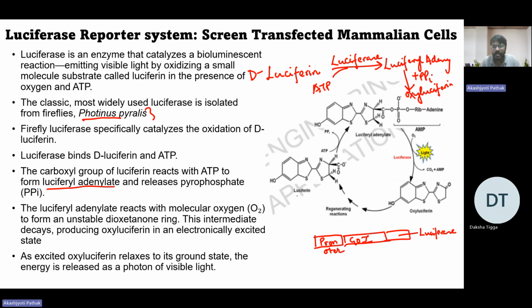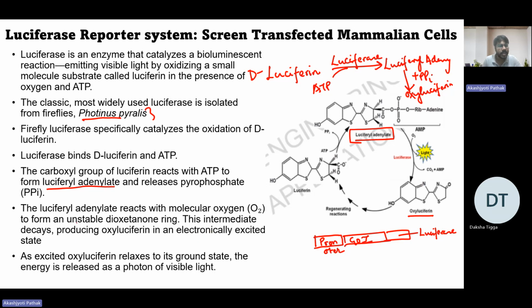So you see this figure here. This is your D-luciferin, acted upon by this luciferase, and ATP is used. The luciferin is converted into luciferyl adenylate, which then reacts with oxygen, and we get oxyluciferin.